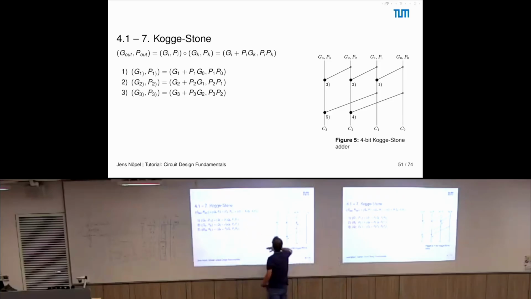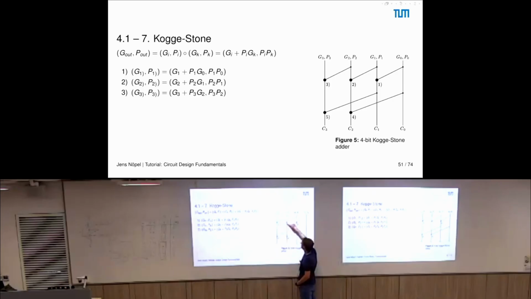And always remember, starting from the left to the right. This is very important. Here we then have G1 OR P1 AND G0. And for the propagate, we get P1 AND P0.